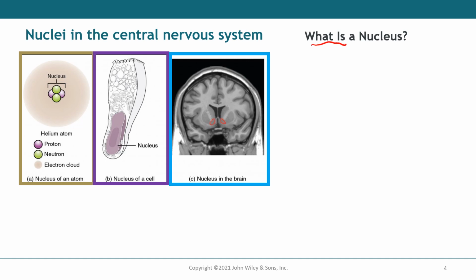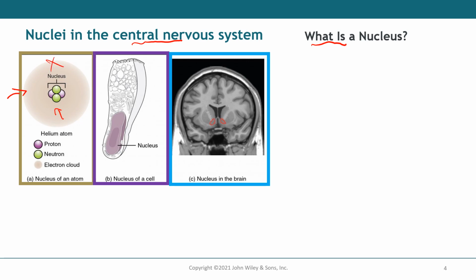Why? Because in chemistry we have talked about nuclei, we have talked about nucleus in terms of the center of the atoms that have neutrons and protons. Here in the nervous system, we're not talking about this one.